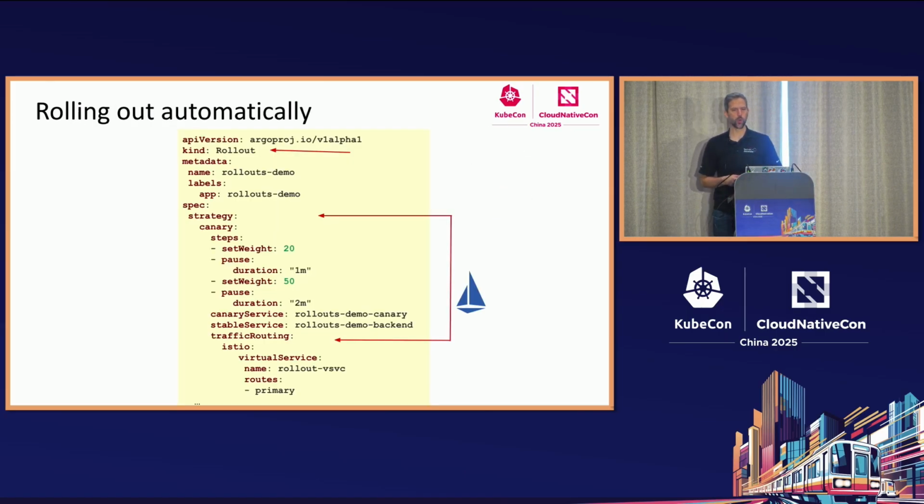So an Argo Rollouts custom resource definition looks a little bit like this. You can see here the kind is Rollout, and then we have this strategy. You can do a blue-green strategy, but you can also do a canary, which is what we're going to focus on here in this session. And in this canary, we have steps. And in these steps, we have certain weights.